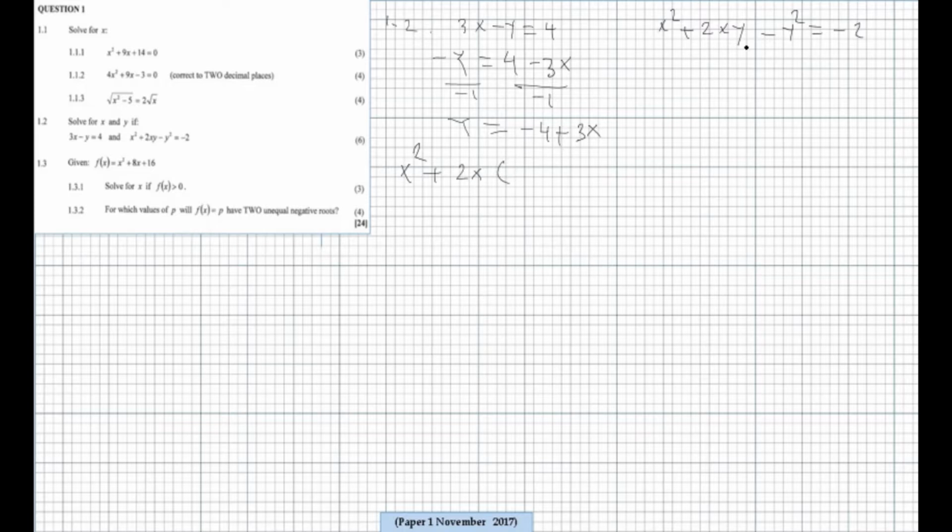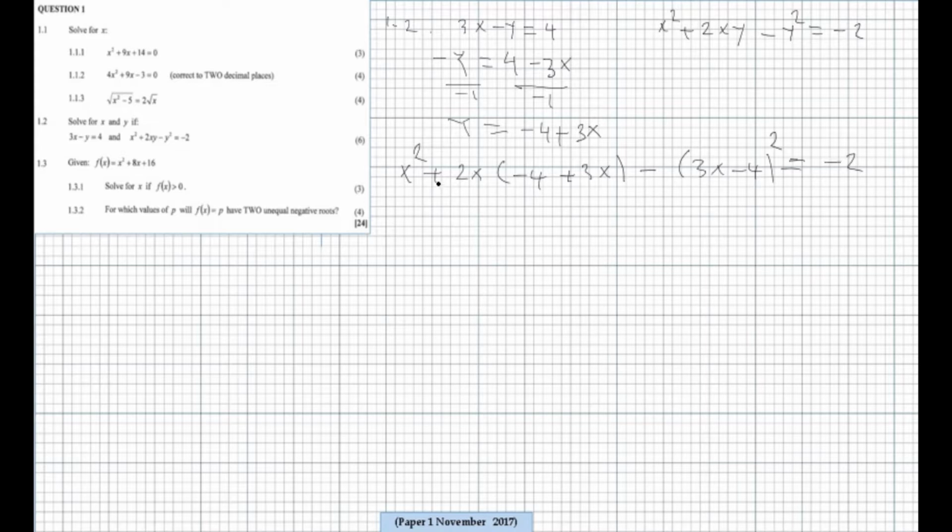I will only replace y by negative 4 plus 3x, and then I say minus, I'm gonna replace it again. So negative 4 plus 3x can be written as 3x minus 4. It doesn't matter if I switch around. So we have the square, and then we have the equal sign and negative 2.